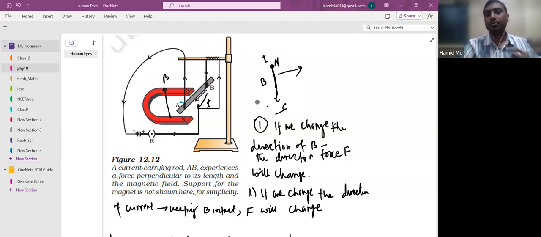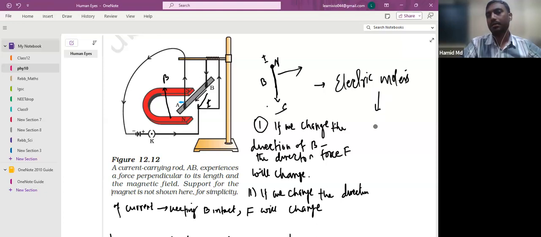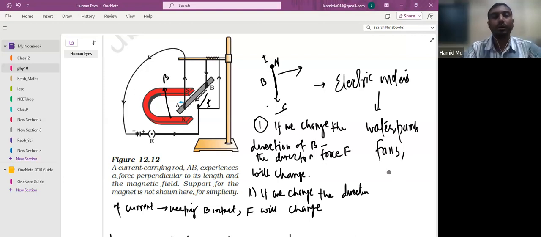So based on this, we have electric motors, like pump motors, water pumps, or fans.